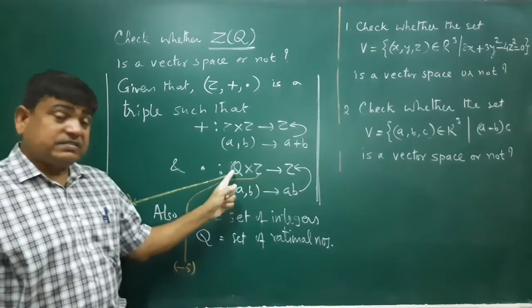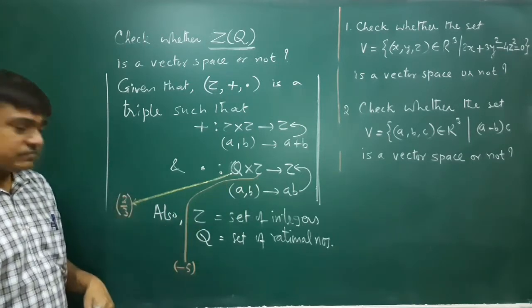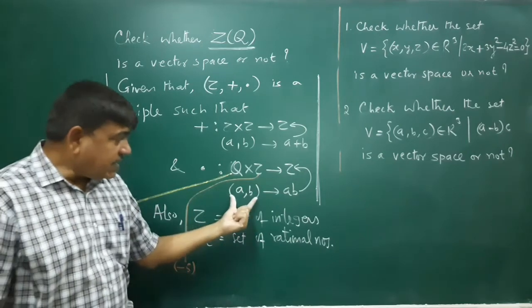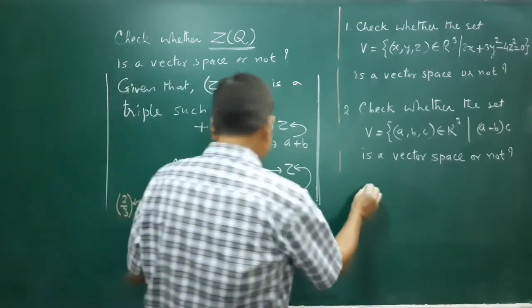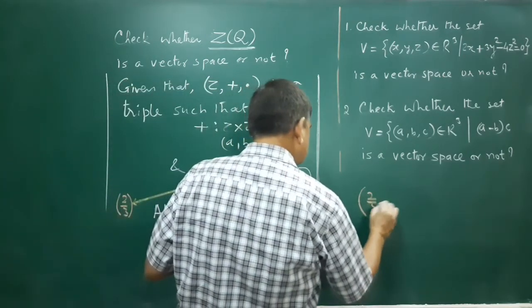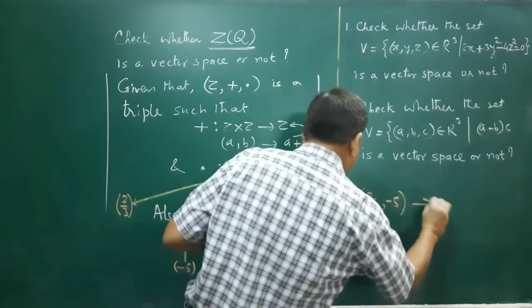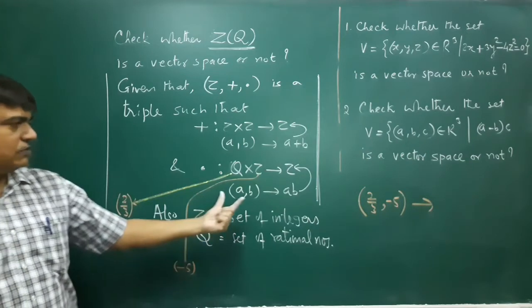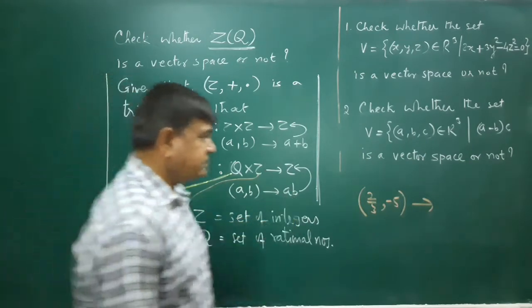Two by 3 is a rational number. Minus 5 is an integer. So we have this pair, and the operation, the multiplication.